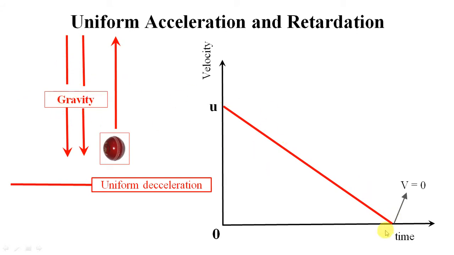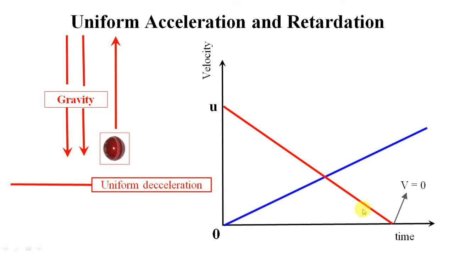At the maximum height, the body would reach a velocity which is absolutely 0. That means the body would come to rest at the maximum height possible, at which the velocity is obviously 0. So the best example for a uniform deceleration case is the body projected vertically upwards.